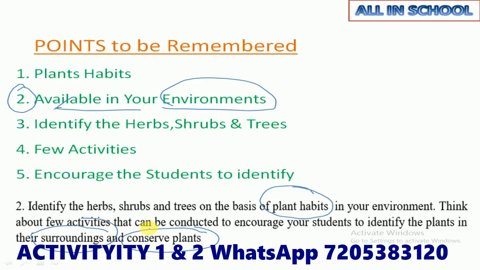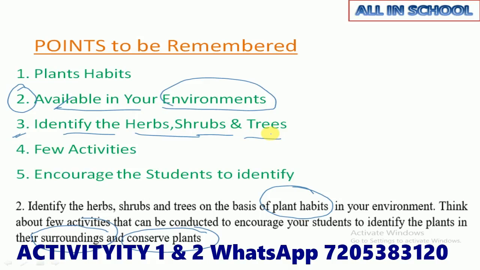Okay, number 3 point is: identify the herbs, shrubs and trees. Before giving activities, you have to help the children understand what herbs are, what shrubs are and what trees are. How can we identify and differentiate herbs, shrubs and trees?